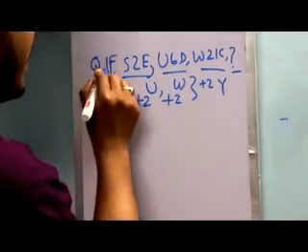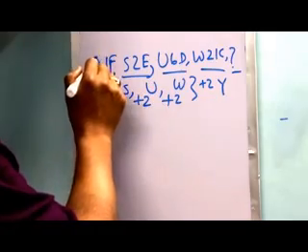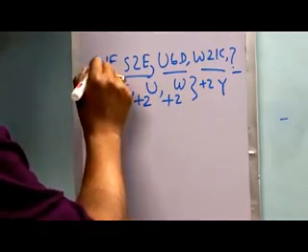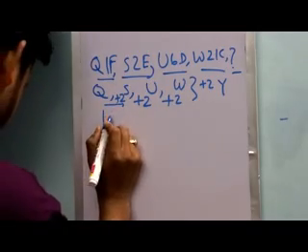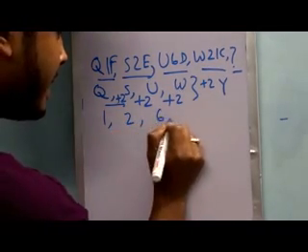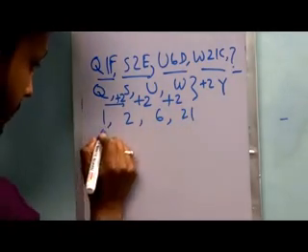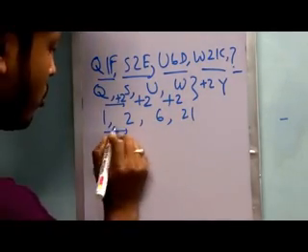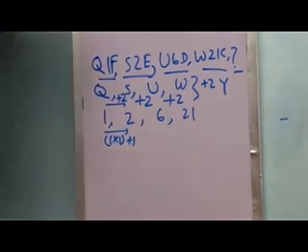Now the middle one: you have to consider the middle number of each part. That is 1, 2, 6, 21. What is the relation between them? If we move from 1 to 2, 1 into 1 plus 1 equals 2.